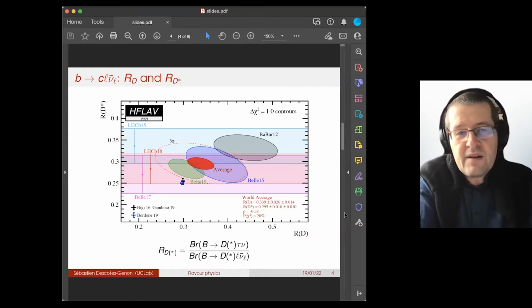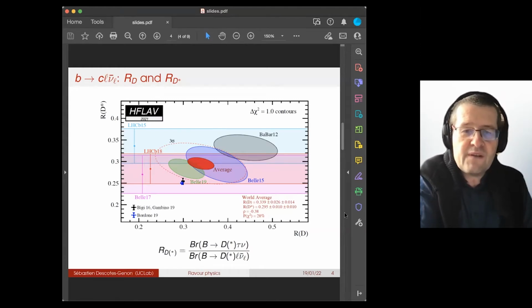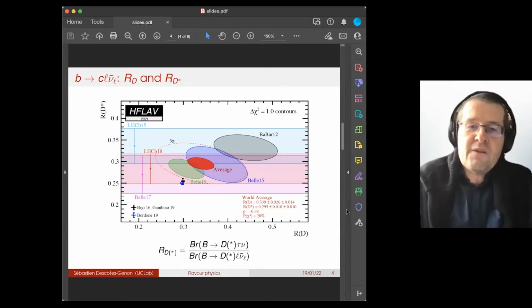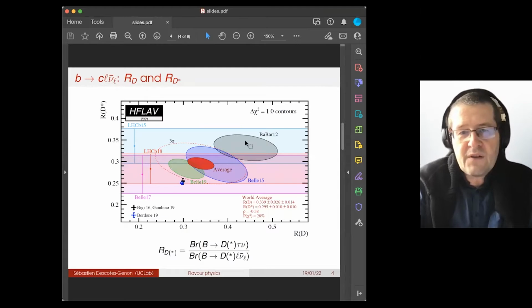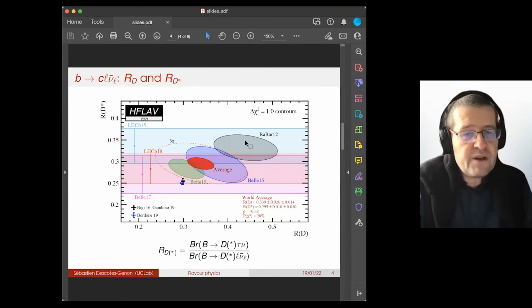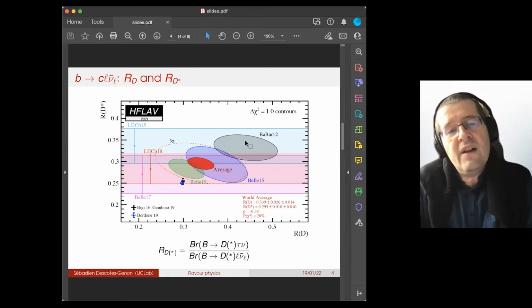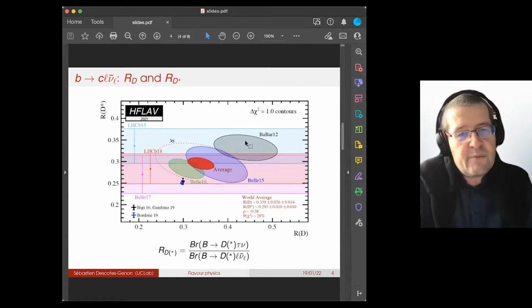And then you've got Belle and LHCb, which are two experiments of importance for flavor physics in the B sector. You have measurements in the 2D plot, meaning combined measurements of both. That's mainly for B factories producing B mesons through the decay of Upsilon 4S. And then you've got LHCb working at the LHC, producing B through pp collisions.